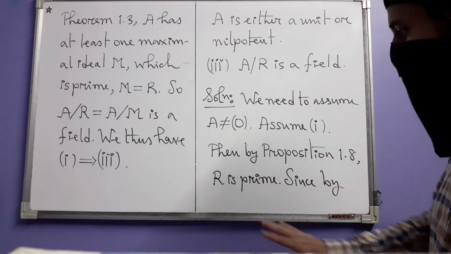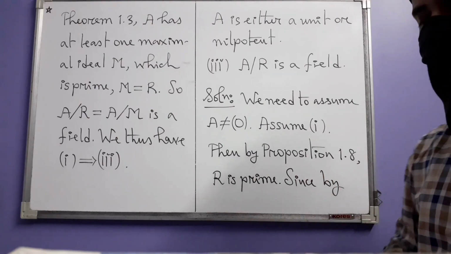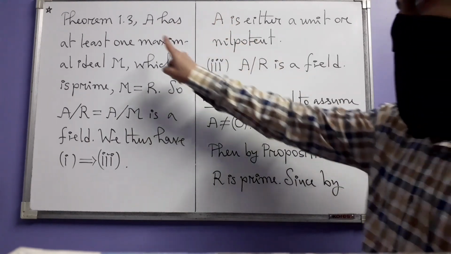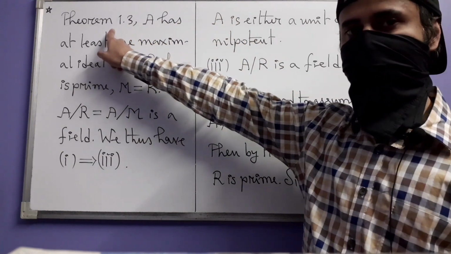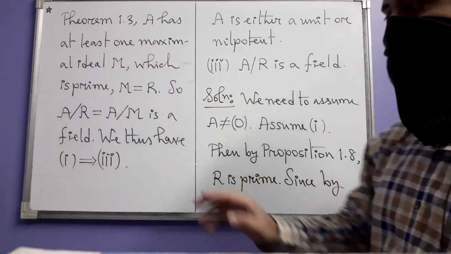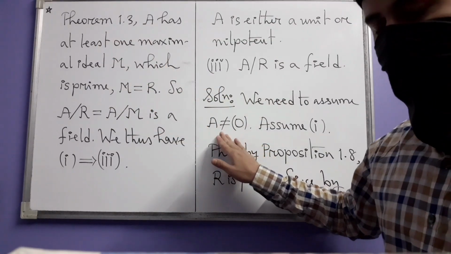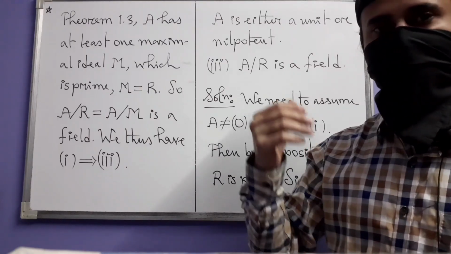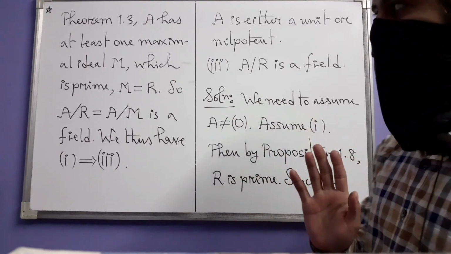So we keep this fact here and then concentrate on this other thing. Now you go back to theorem 1.3 and see what it says. It says that in any non-zero ring, there is at least one maximal ideal. There may be more than one, but at least one is there.